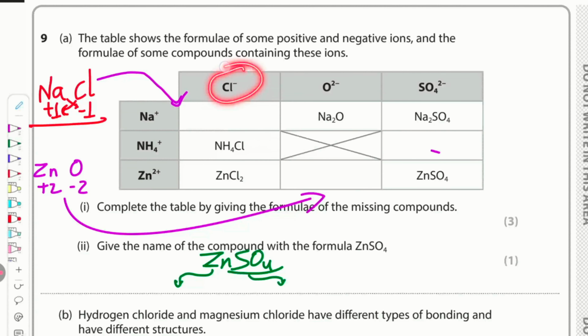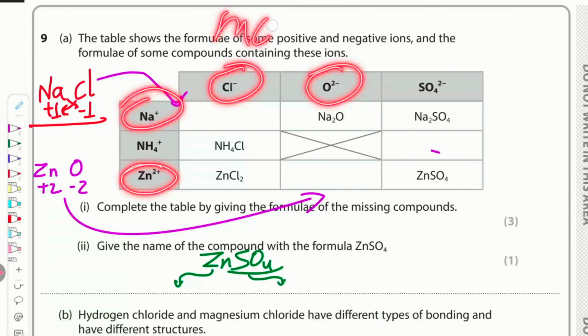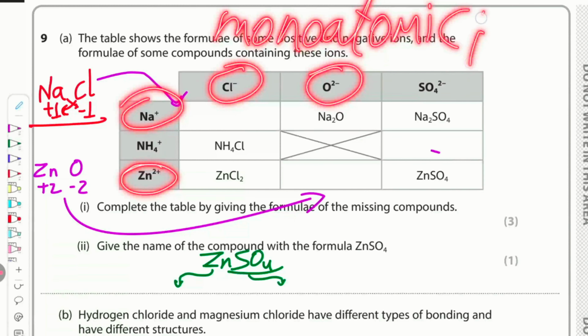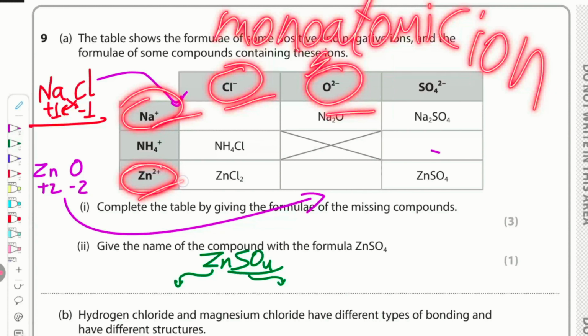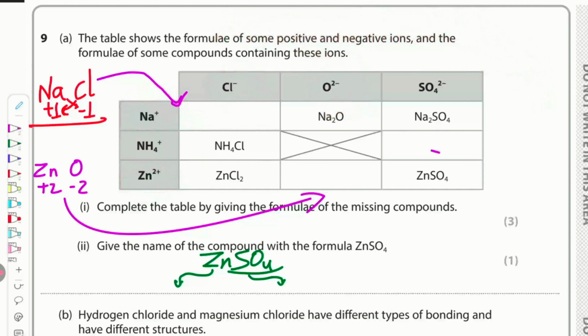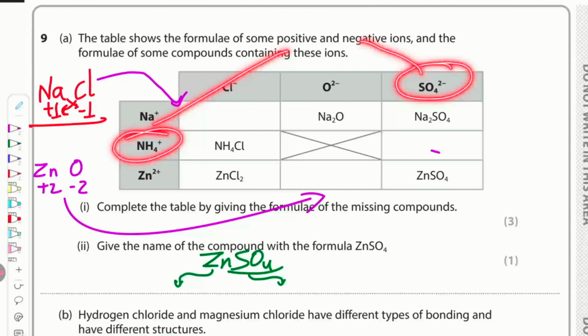And for cations and anions, we have also two types of ions. When the ion is made up of one atom only, like those, it is called a monoatomic ion. Monoatomic ion means an ion that is made up of one atom only, while when the ion is made up of two or more atoms, of course different atoms, we call them polyatomic ions.